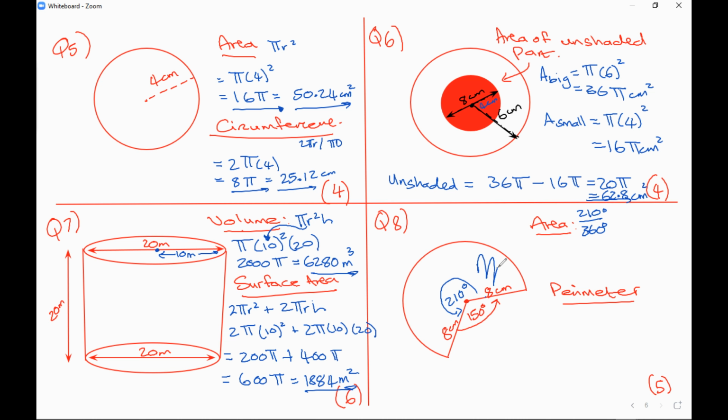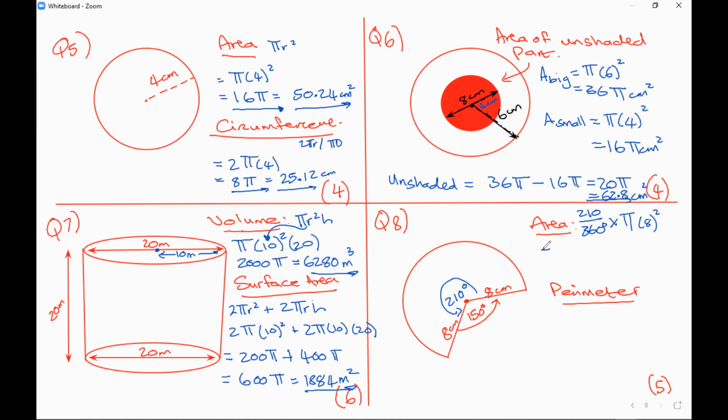That's the fraction of that, and multiplied by the entire area, which is pi times 8 squared. If you used 150, it would be calculating the outer area, which is not what we want. We want the inner area.